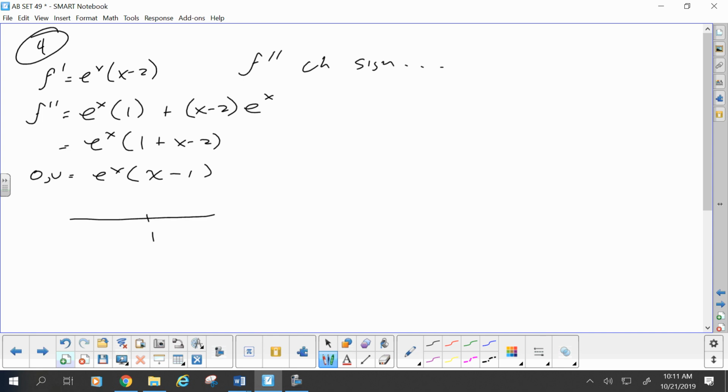Now when I sign test to see if f double prime changes sign, make sure you're looking at f double prime, not f prime. So before 1, say at 0, the second derivative is negative. And after 1, say at 3, the second derivative is positive. So do I have an inflection point at 1? I do. F has an inflection point at x equals 1.